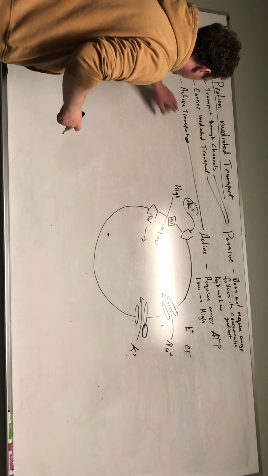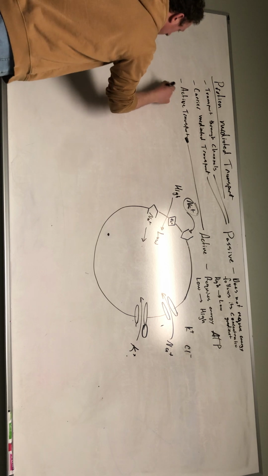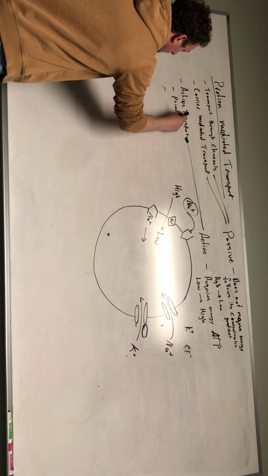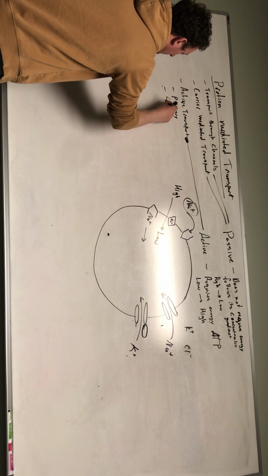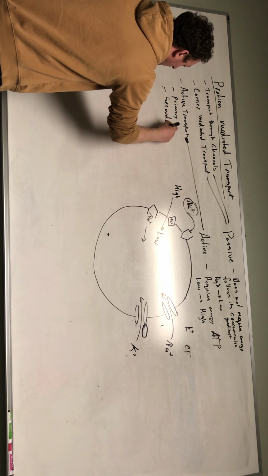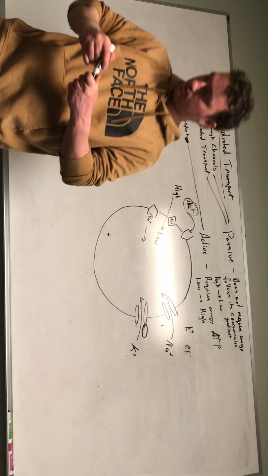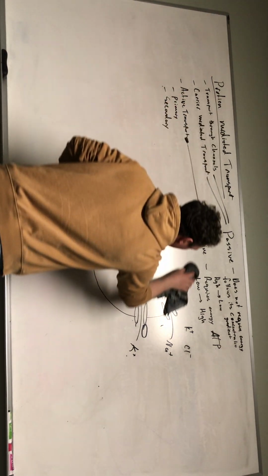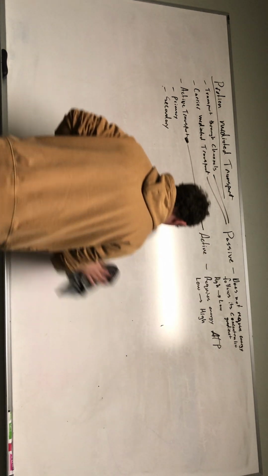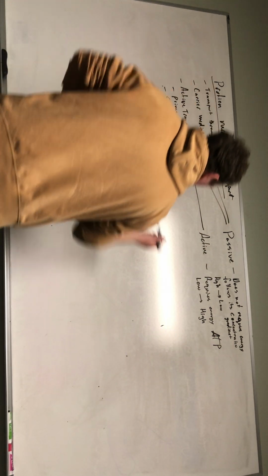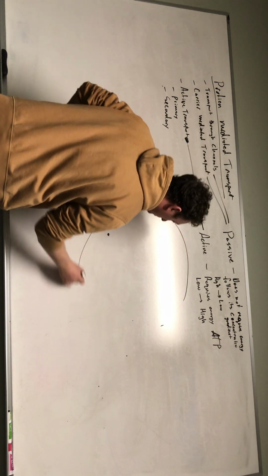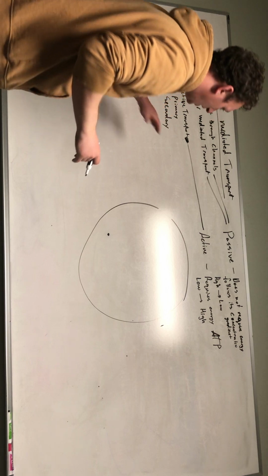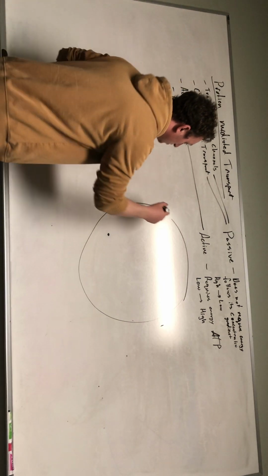Okay, let's do a little bit of active transport. Active transport, you have primary and secondary active transport. Let me erase some of this real quick. Okay, so primary active transport, draw another cell here. Primary active transport requires ATP, so you need energy in order to do it.